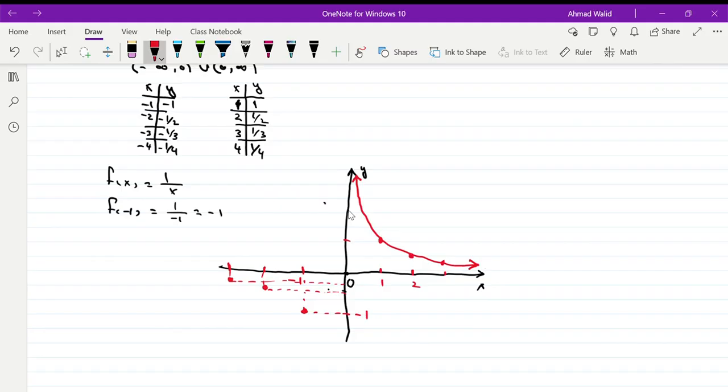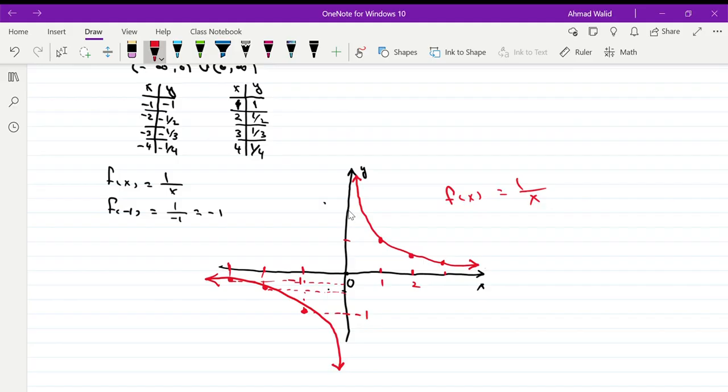Also, your graph goes closer and closer to the y-axis but never intersects the y-axis. On the domain from negative infinity to 0, it's the same shape. This is the graph of f of x equals 1 over x, a reciprocal function, or a very simple rational function.